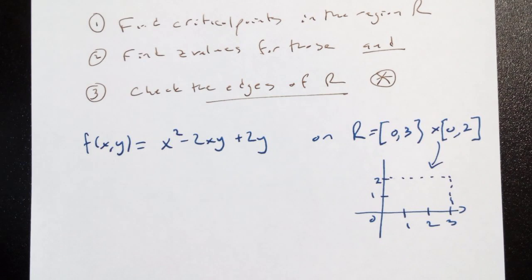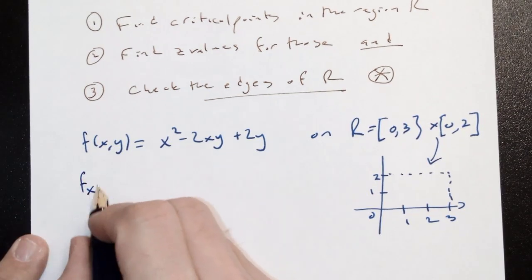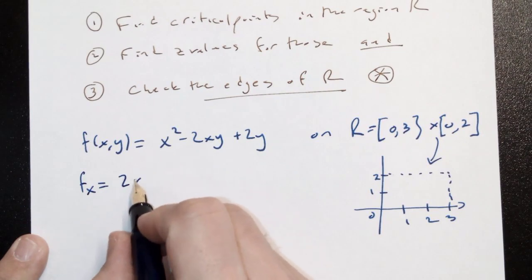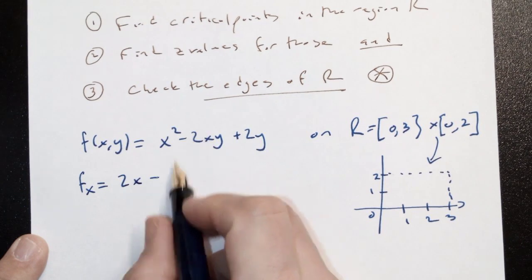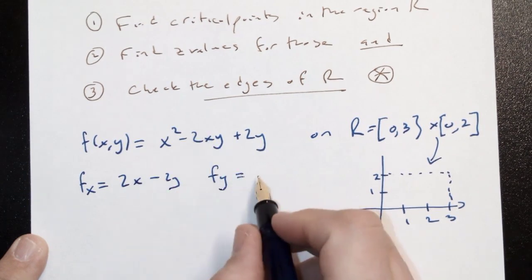How do I find the critical points? So partial with respect to x. And partial with respect to y.